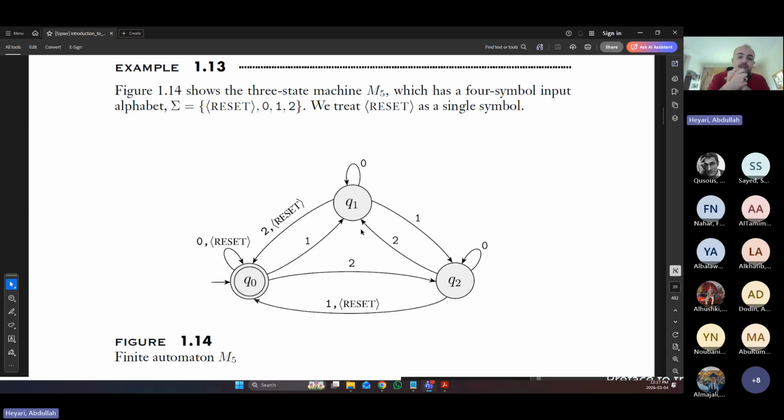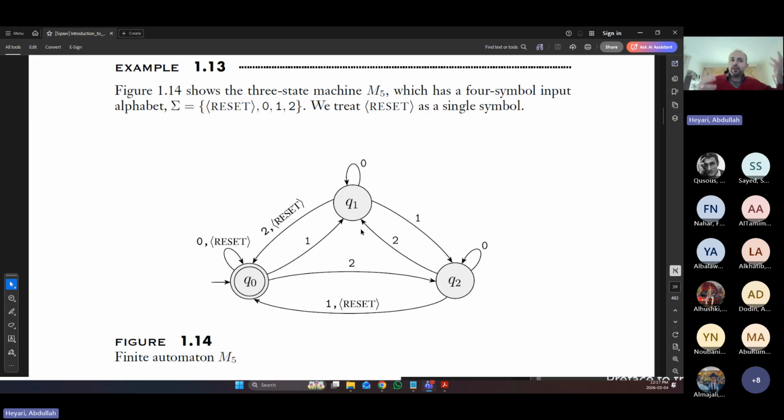Otherwise, it won't be accepted. So what's the meaning of that reset thing? If you read reset, then the sum is reset to 0. It's like cheating. You just maintain a sum.